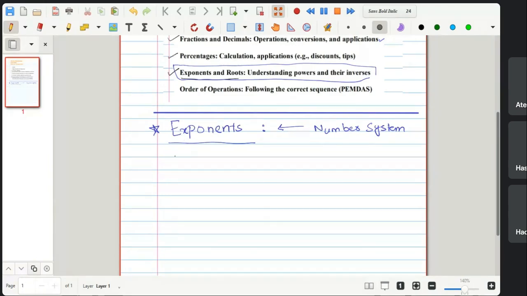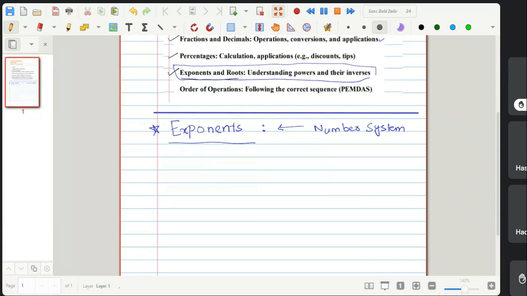Exponent is a word of English. I think someone has an answer: power. So exponent means power. Yes, Sadika, it's one meaning of power. Yes, Atifa, what are you saying?